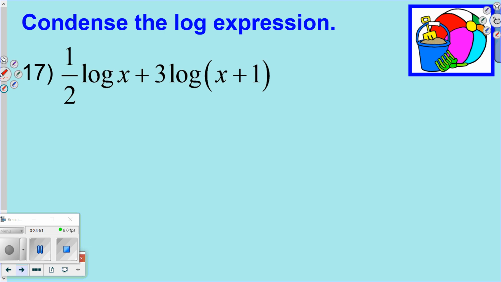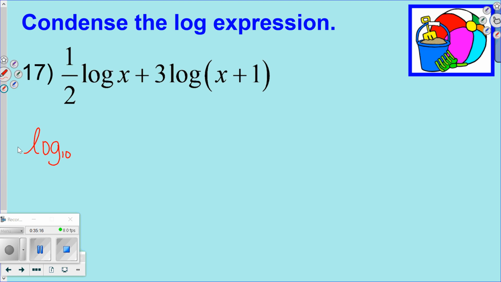Hold on. Log base 10 of x, and the exponent is half. If I'm condensing, how many times do I write the word log? Once. Condensing means I write log once. I like those. I can be lazy.